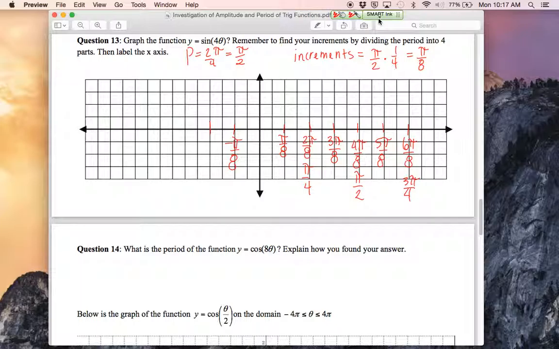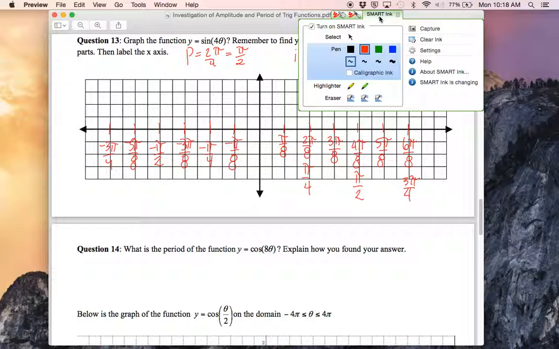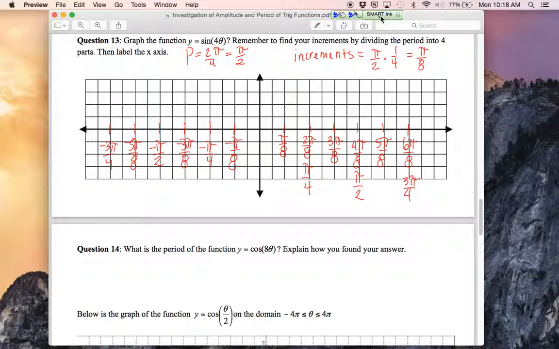So we get negative pi over 4, negative 3 pi over 8, negative pi over 2, negative 5 pi over 8, and negative 3 pi over 4. Okay, and then sine, it's going to go up to 1 and down to negative 1.